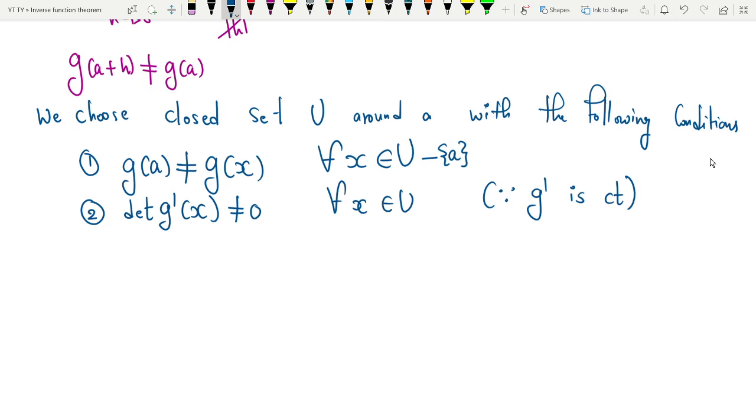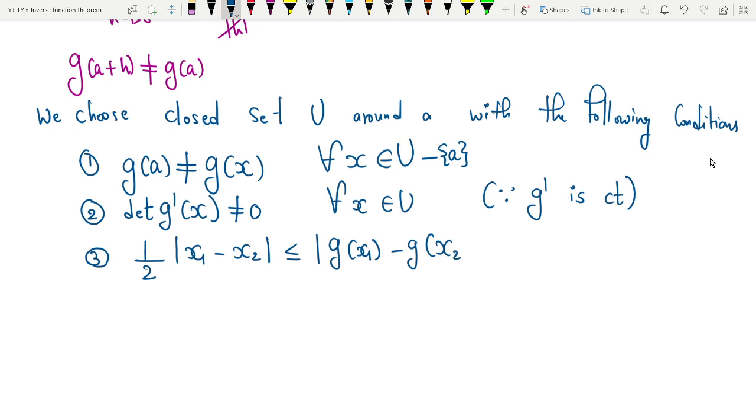After that, we have the third condition that should be true for every point in the domain: half of the norm of x1 minus x2 should be less than or equal to the norm of g(x1) minus g(x2).